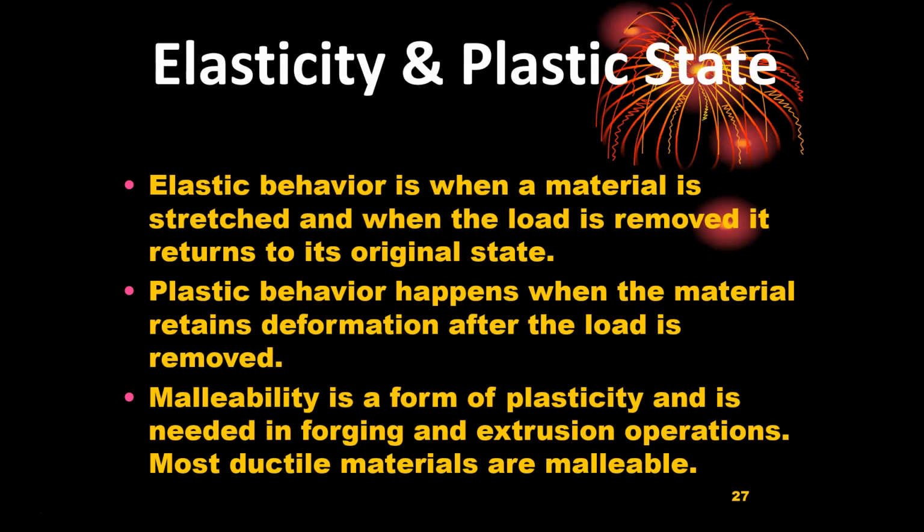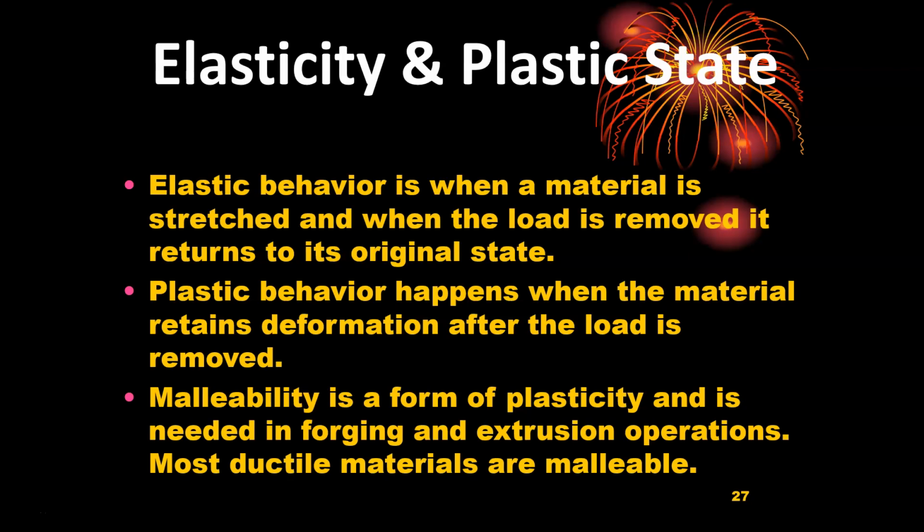Elasticity and plastic state. Now again, the elastic behavior is when a material is stretched, and when the load is removed, it returns back to its original state, like a rubber band. Plastic behavior happens when the material retains deformation after the load is removed. Malleability is a form of plasticity and is needed in forging and extrusion operations.